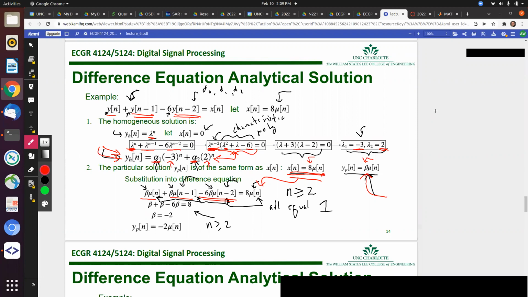That is the actual meaning of why it's called the forced response. This input itself is forcing a completely separate, linearly separable sequence of numbers that come out, which is why you can solve it in 2 parts. And that's why we can solve this in the way that we do.